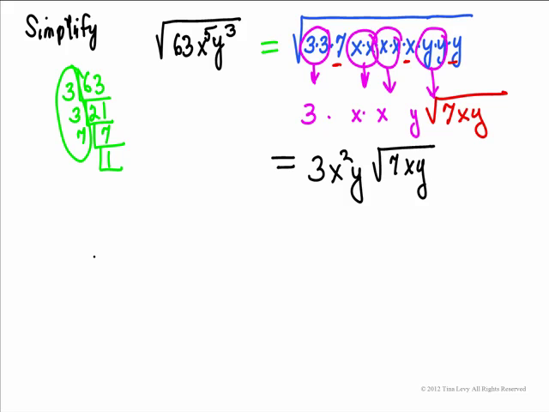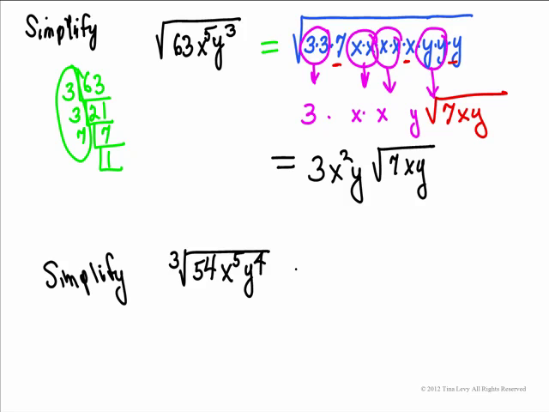We'll try another one. Suppose I ask you to simplify the cube root of 54 x to the 5th y to the 4th. Again, hopefully everyone recognizes this will all hinge on the prime factors.